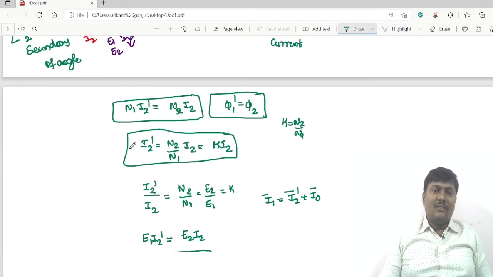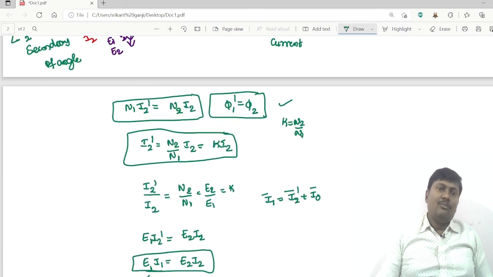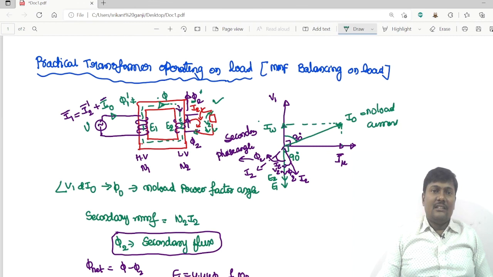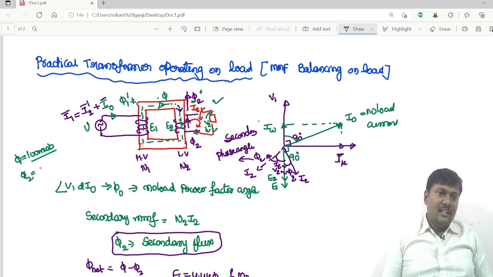And once phi1 dash is equal to phi2, both are nullified and the flux in the transformer core is always constant. Suppose 100 milliweber is the main field flux. The phi2 value will be, let us say, 10 milliweber. Based on the load, the flux value will change.